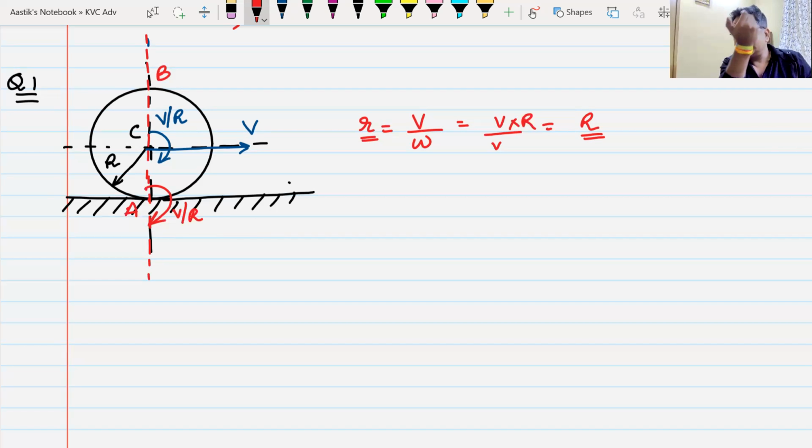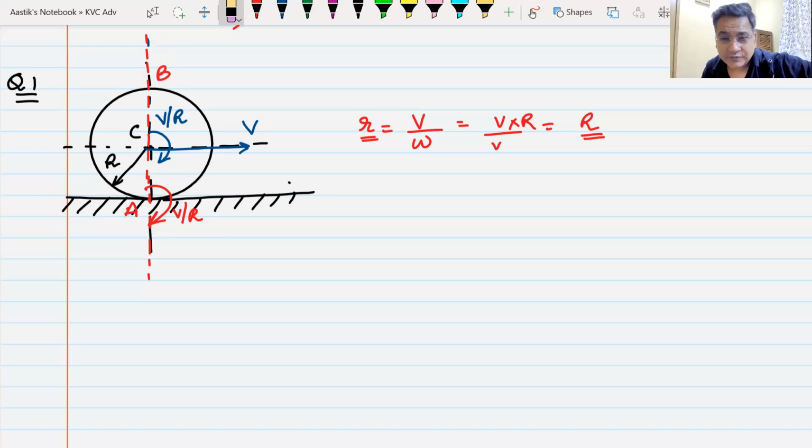If it starts to rotate from point B like this, the velocity of center of mass will go backwards, and that is not possible. Therefore, point B is not possible. Do we understand this? So the instantaneous center of rotation is the point of contact.